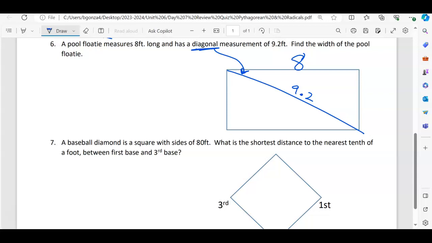So let's label that diagonal 9.2. All right. And then it says find the width of the pool floaty. So now the width, we'll call it x. Okay. So it's a right triangle for the pool floaty. I got A, B, and C. So I'm going to do A squared plus B squared equals C squared.